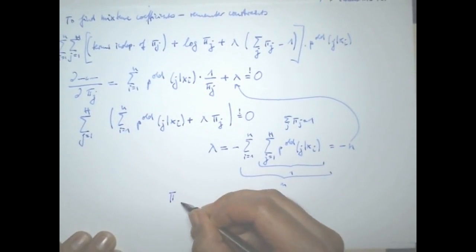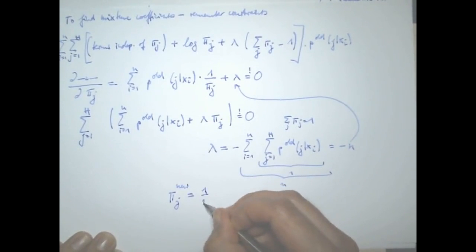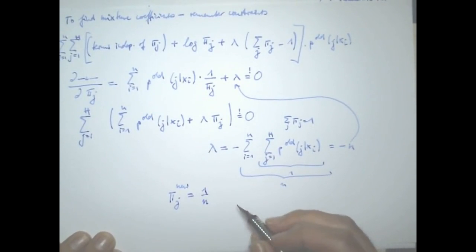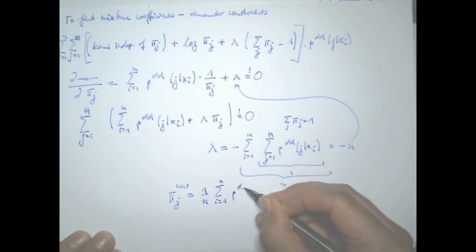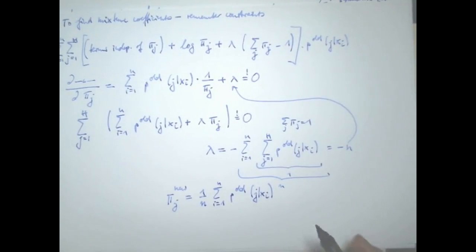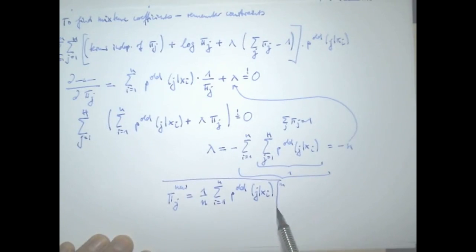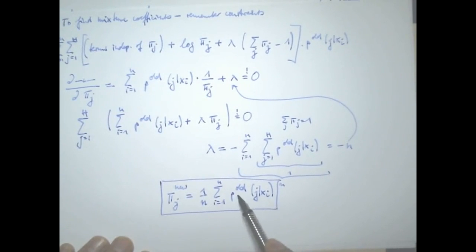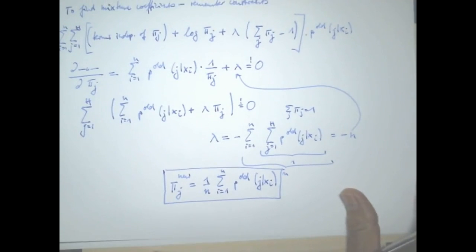So my updated pi j will be 1 over n times a sum. Here we count for how many observations component number j is responsible, weighted with this probability. Okay, and I guess I could have written a nu on these other equations also.